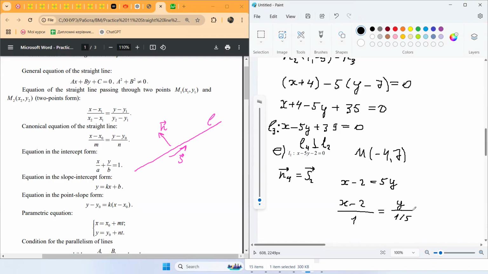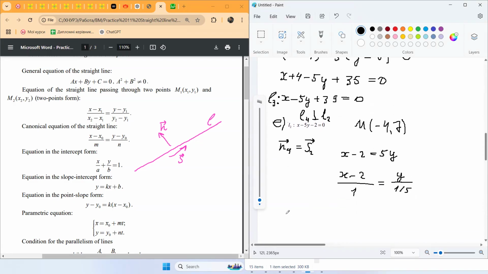Or finally, in a more understandable way, x minus 2 by 1 equals y divided by 0.2.